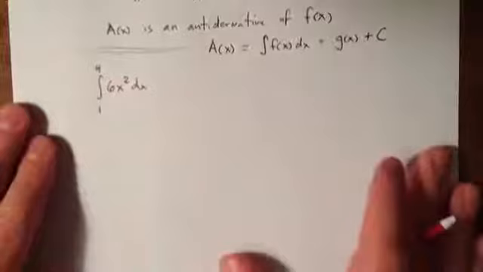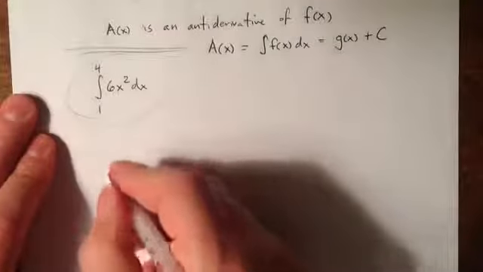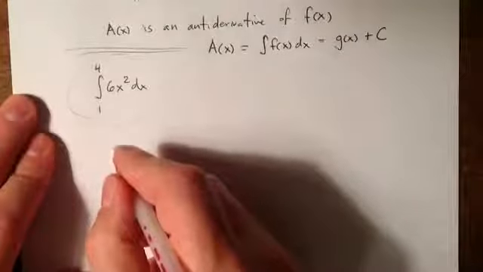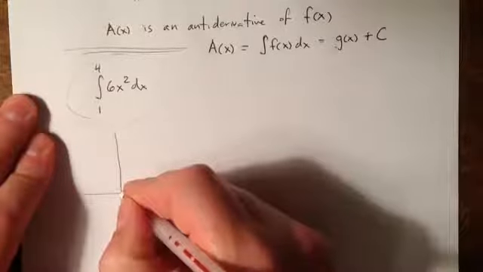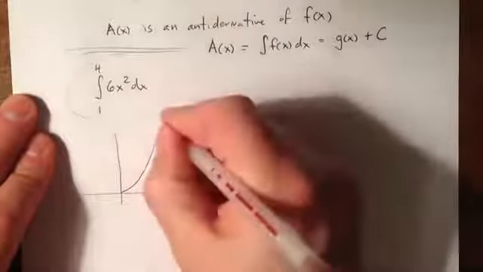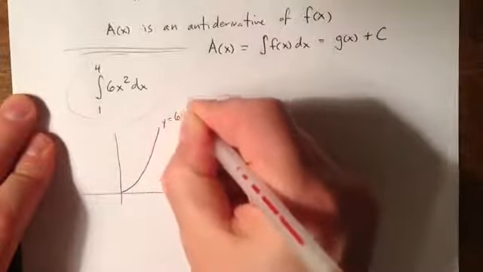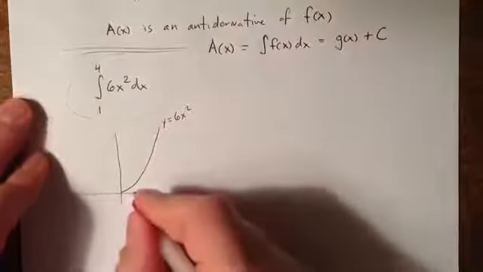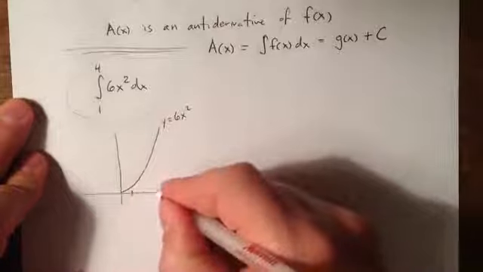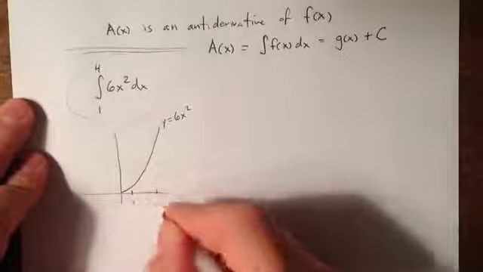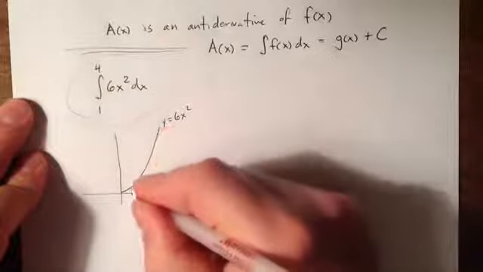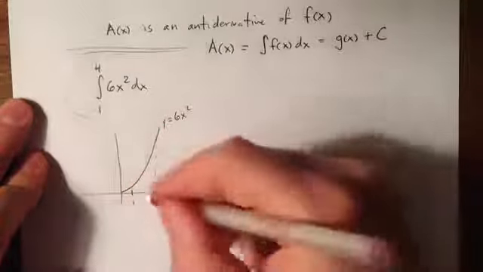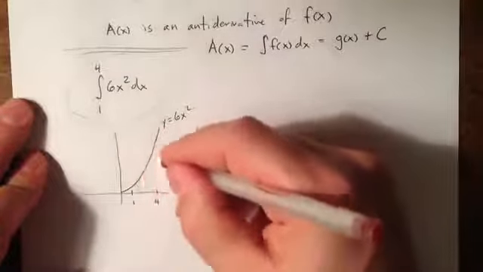Specifically, it represents the area under that parabola. There's a parabola, y equals 6x squared, and we're interested in determining the area under that curve from 1 to 4. So I'd like to know what this area is.